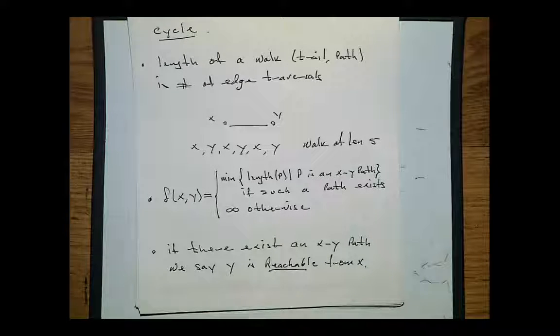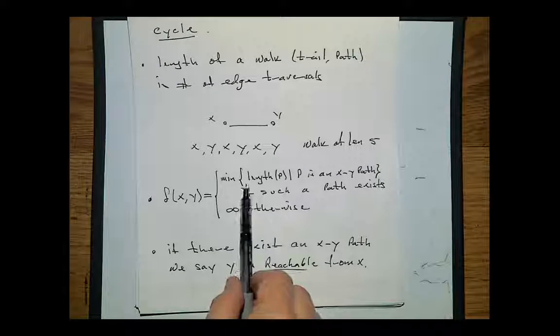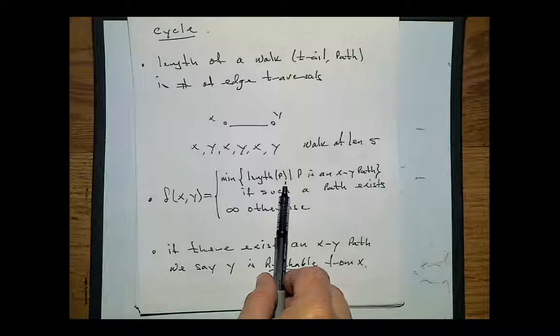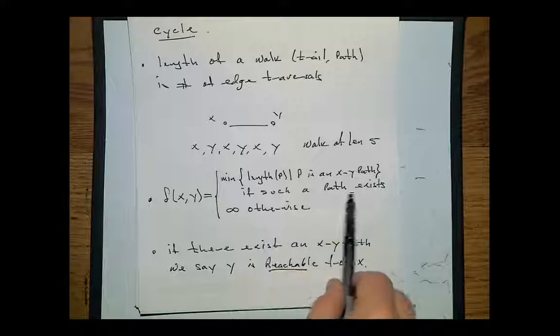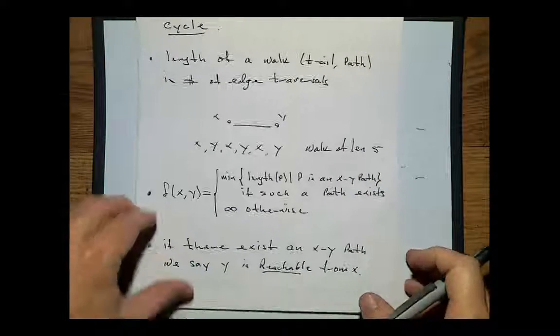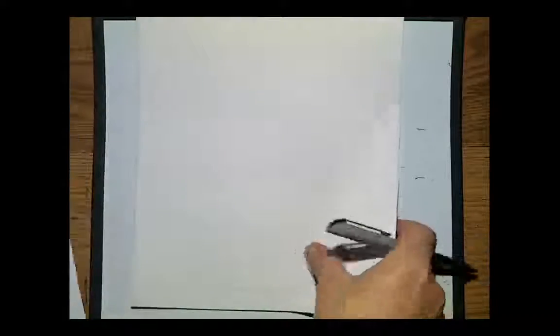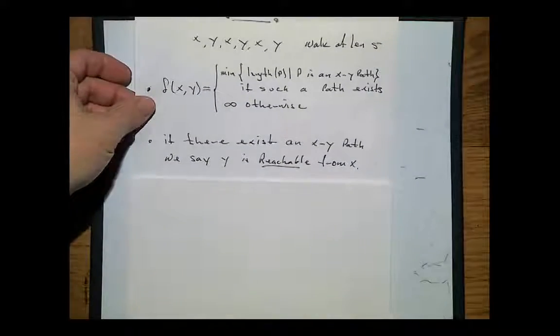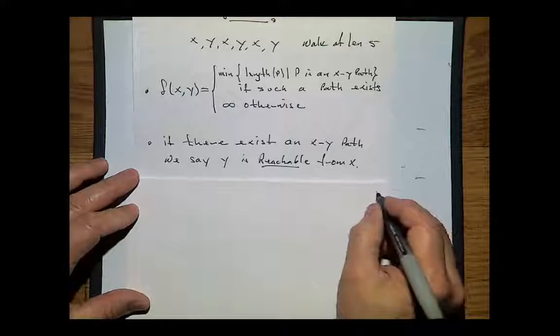So I'll use that phrase now and again. So notice that in a graph, x is reachable from y if and only if y is reachable from x. So the reachability relation is a symmetric relation. So the distance is the length of a minimum length path if y is reachable from x, infinity if y is not reachable from x. That's the distance. So now I can state the subject of PA4.